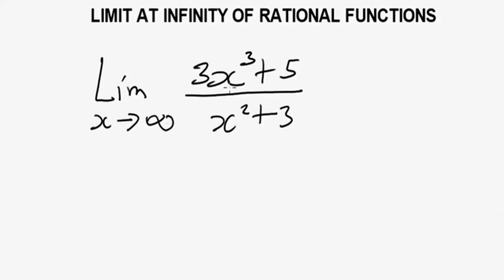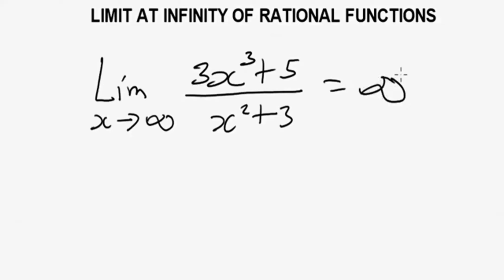The first principle states that whenever the limit of a function is tending to infinity and the highest power of the numerator is greater than the highest power of the denominator, the limit of the function is said to be indeterminable or does not exist. So the answer to this question will be infinity.